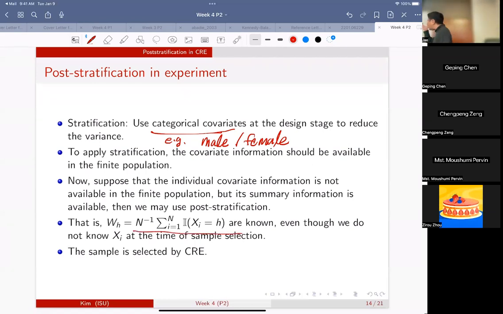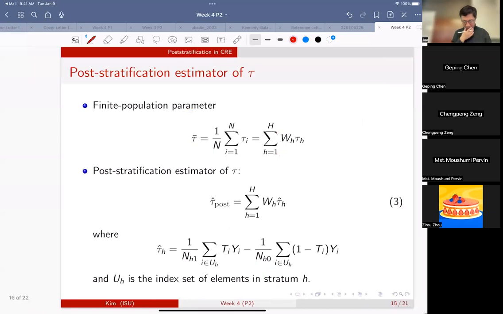Previously I used Cig in the sampling part, but in the design I used X. So in the experiment, it means the same concept. So this is known, WH is known, even though we do not know xi at the time of sample selection. And the sample is selected by a completely randomized experiment.